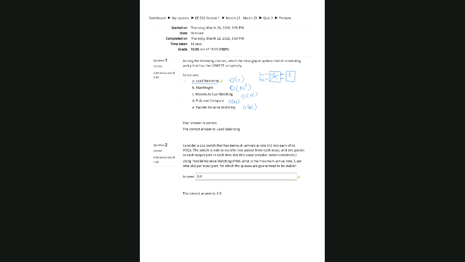Then the second stage implements another round-robin scheduler. So on average, every virtual output queue gets a 1 over n share of the rate. Okay, so let's move on to the next part.